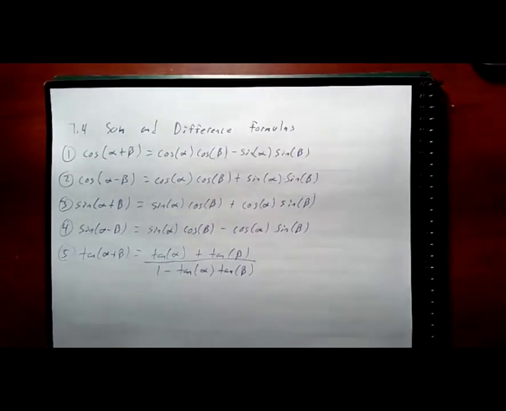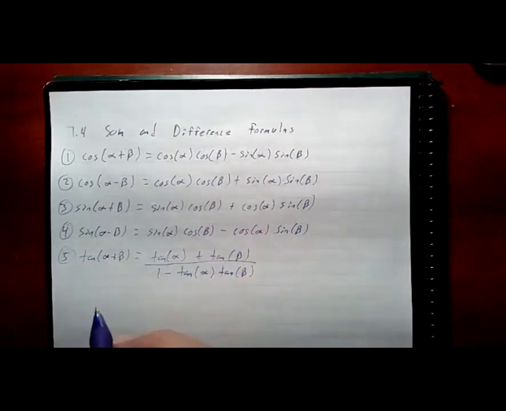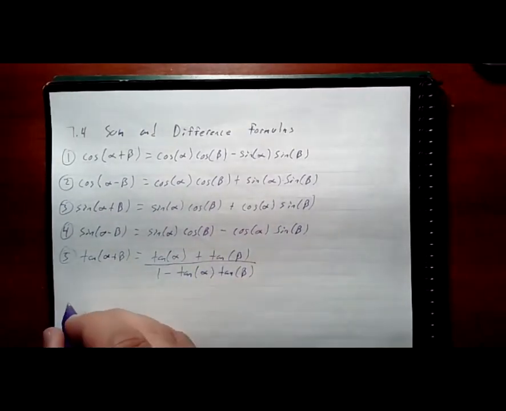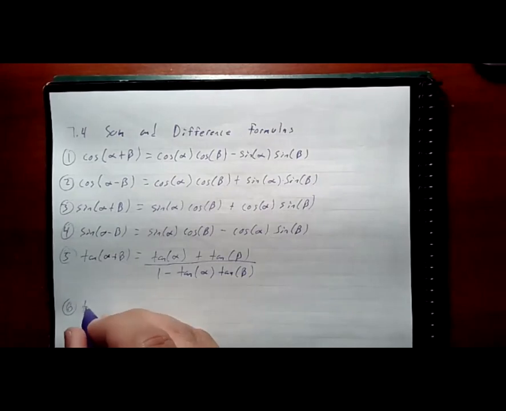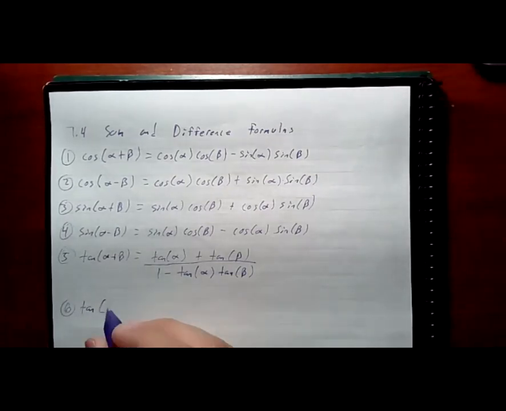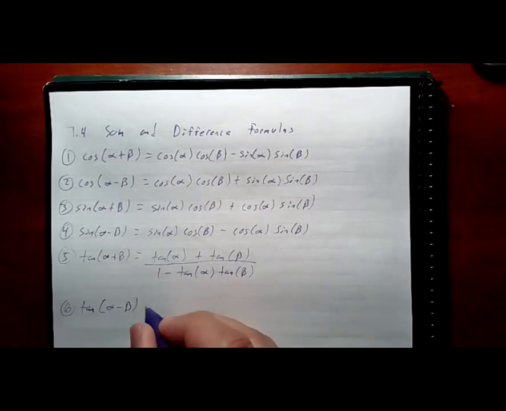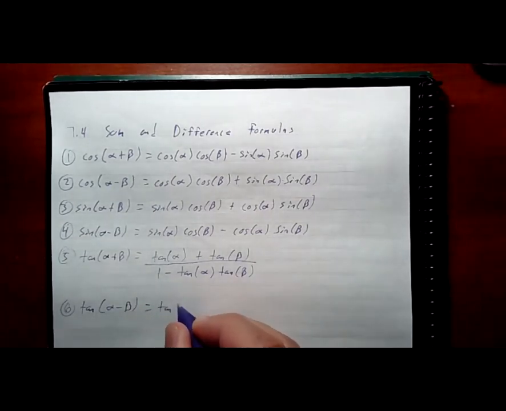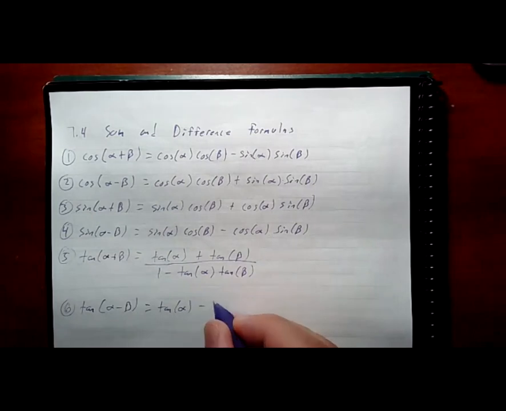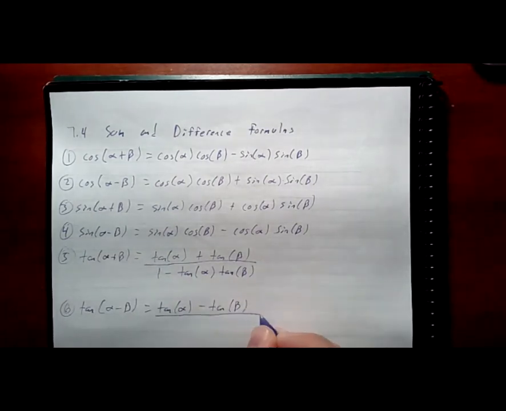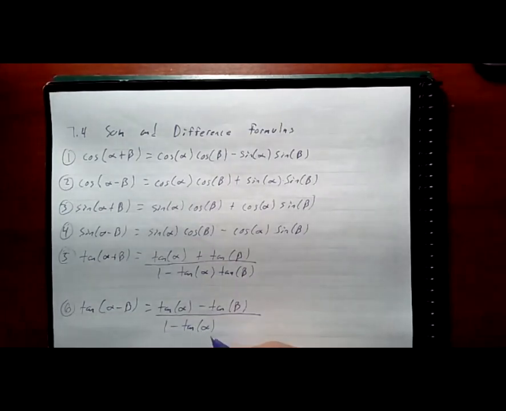The other one will be exactly the same, just switch the pluses and minuses here. Tan of alpha minus beta is equal to tan alpha minus tan beta over 1 plus tan alpha tan beta.